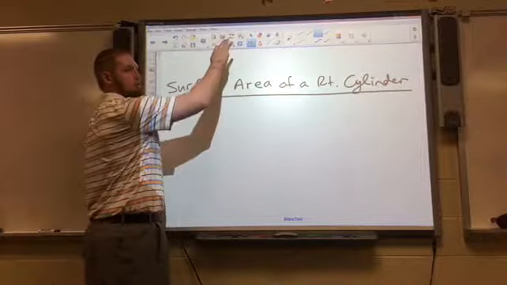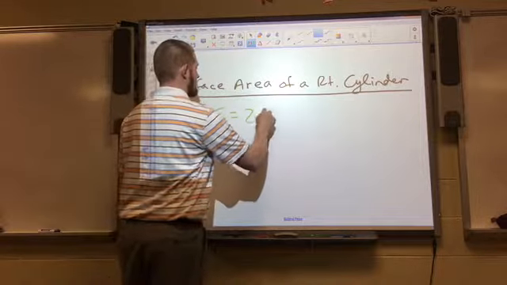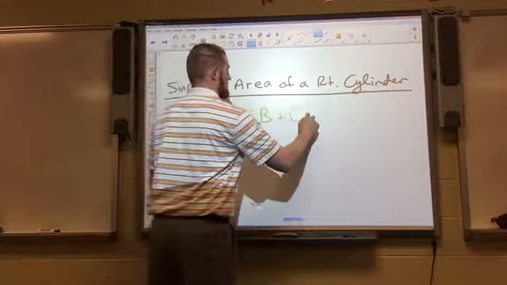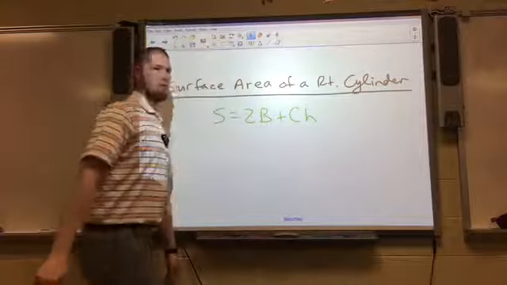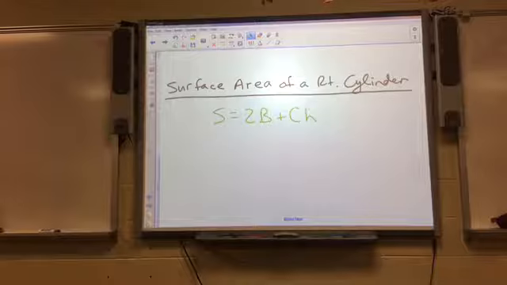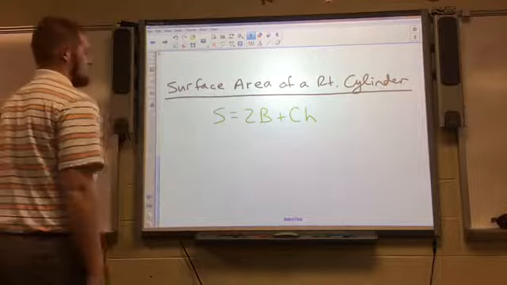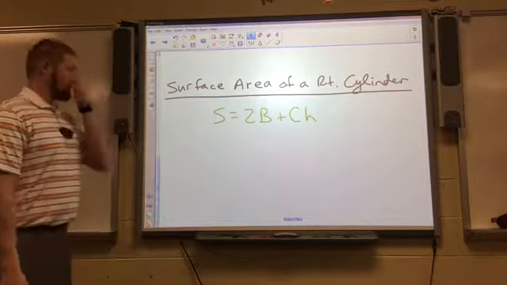Instead of giving you 2B plus PH, they say surface area is equal to 2B plus CH. What's C? Yeah, it's your circumference. So I have 2B plus CH.